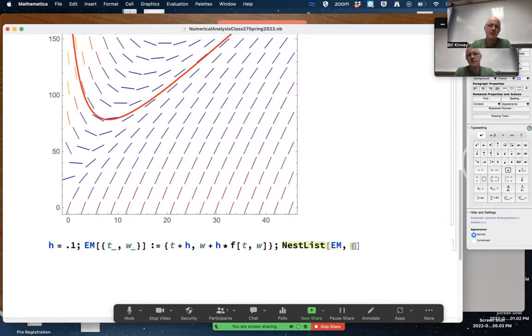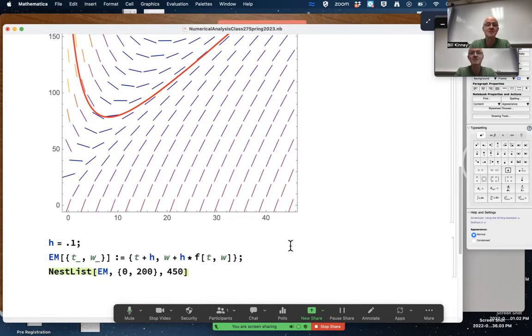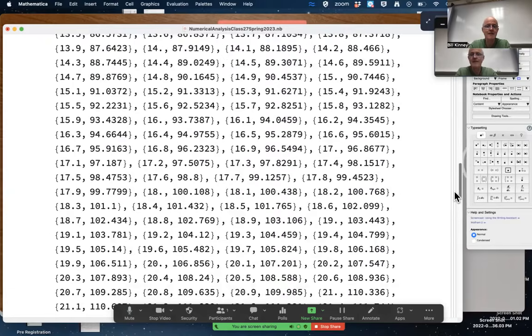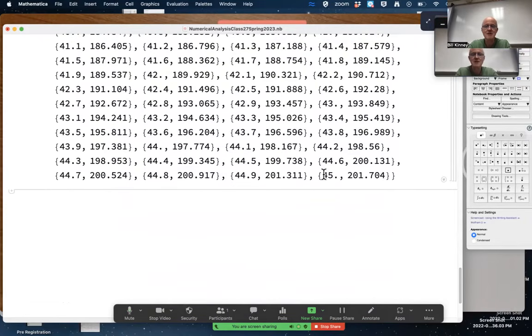EM, based on your initial condition, which is t is 0, y is 200. And if we want to go out to time 45 with a step size of h equals 0.1, I have to do 450 steps. So this will produce a lot of data and predict that after 45 minutes, after 450 steps, the amount of salt will be about 201.704.